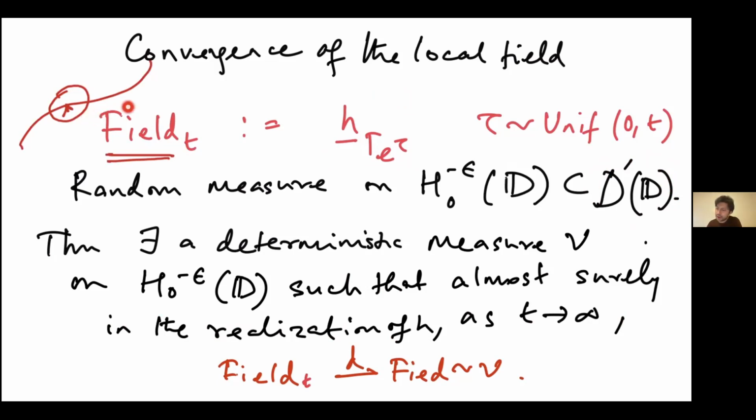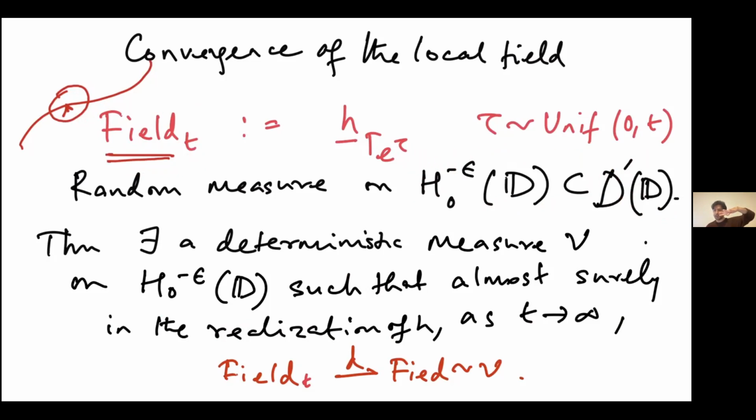So this gives you a random measure on this negative Holder space or in the space of continuous linear functionals. We don't have to focus too much on that, but these are spaces on which the Gaussian free field lives, and so naturally this object will also live in the same space. Given a realization of this Gaussian free field, this object gives you a random measure on these spaces.